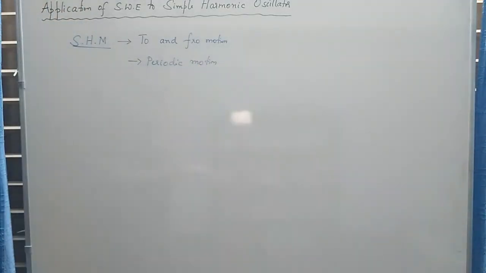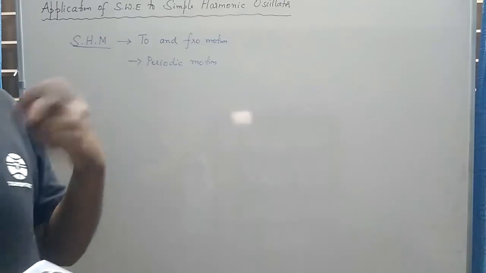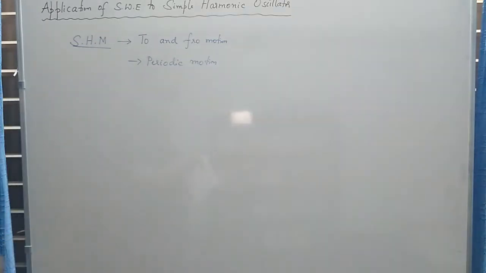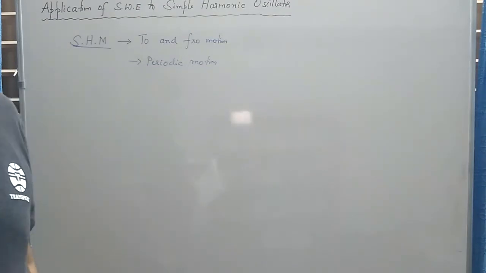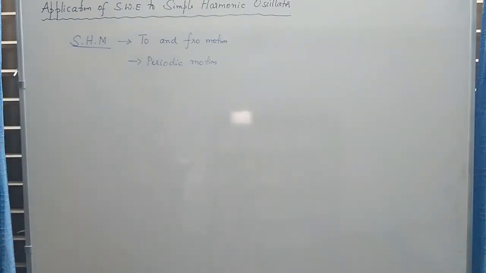What do you mean by periodic motion? If the motion of the particle is periodic with respect to time, that is, after a certain time interval the particle is located at the same position again and again, such motion is called periodic motion.